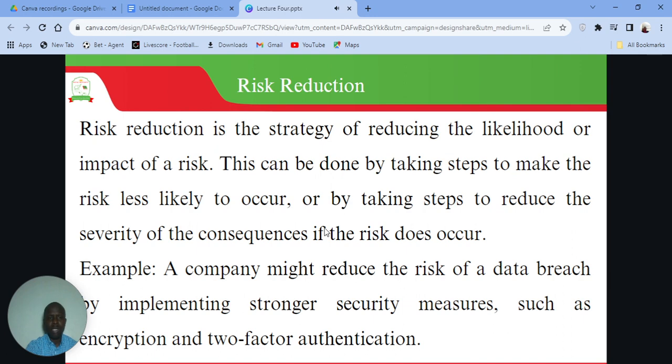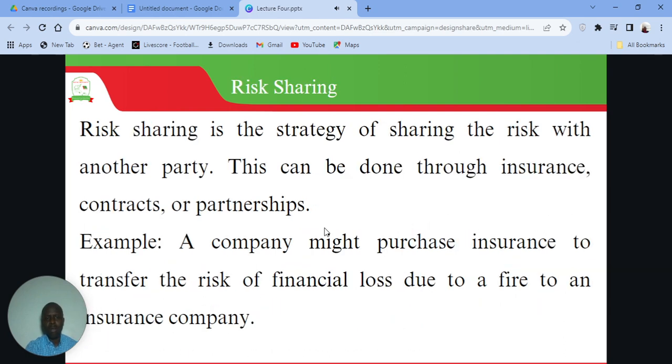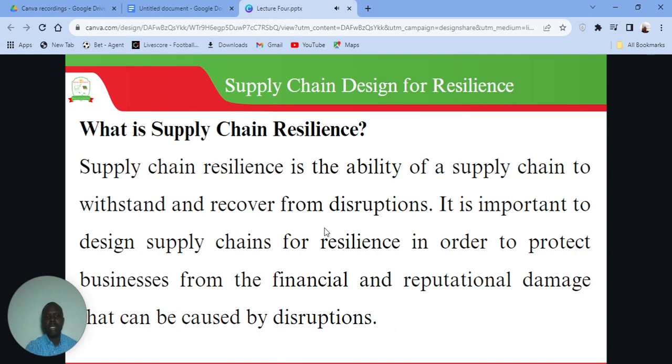We also have risk reduction. This strategy reduces the likelihood or impact of the risk. It can be done by taking steps to make the risk less likely to occur. So that is on the reduction, and we have already discussed quite a number of those strategies.